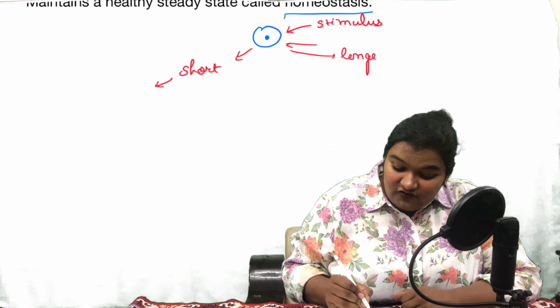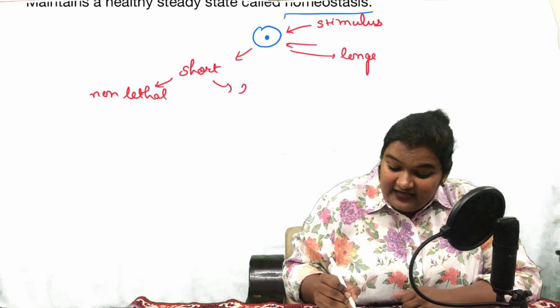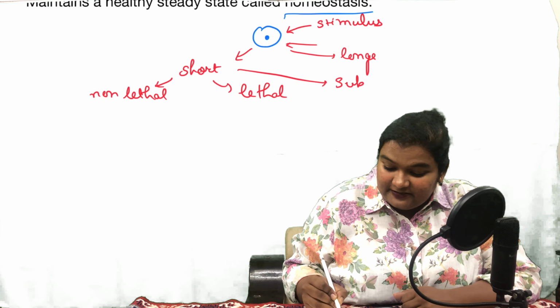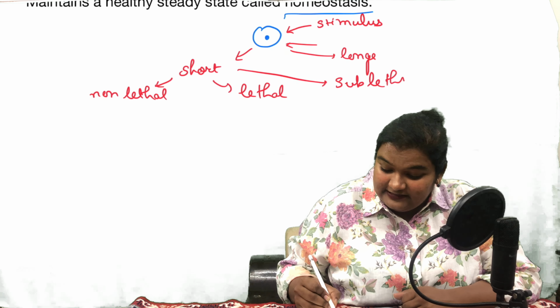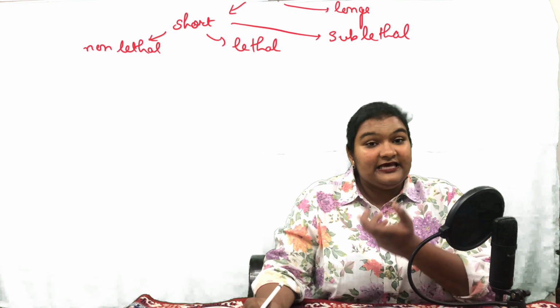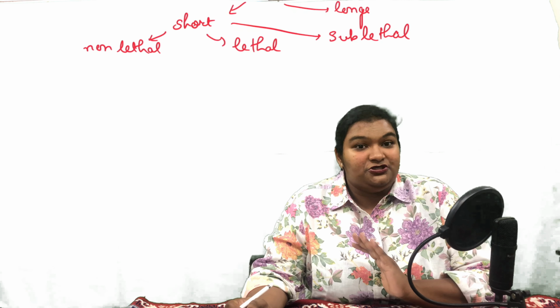So we have non-lethal, then we have lethal, and then we have sublethal. Whenever a body or a cell gets a sublethal stimulus, it goes into adaptation.